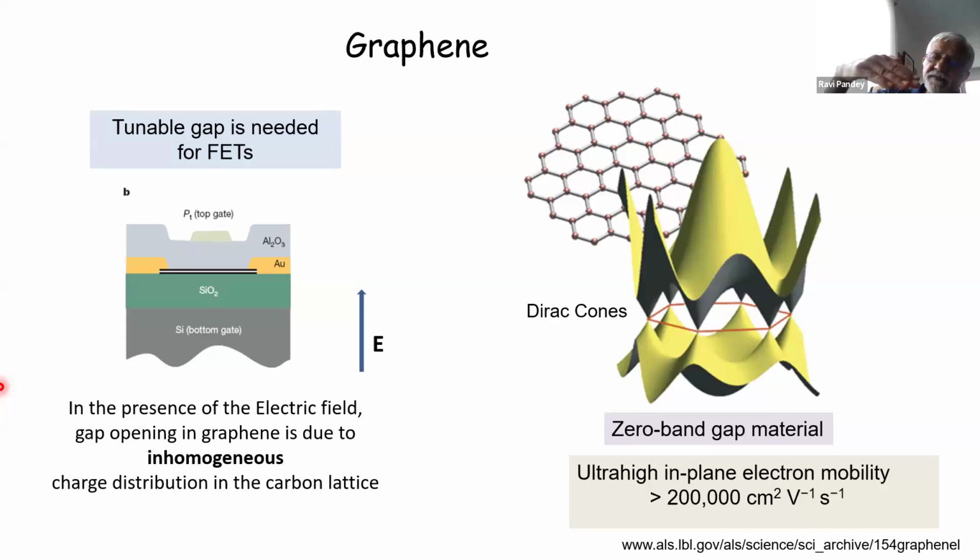And this difference in electric field experienced induces what we call an inhomogeneous charge distribution in the carbon lattice. This inhomogeneous charge distribution opens up the gap. And then you can use bilayer graphene as a field effect transistor channel material.